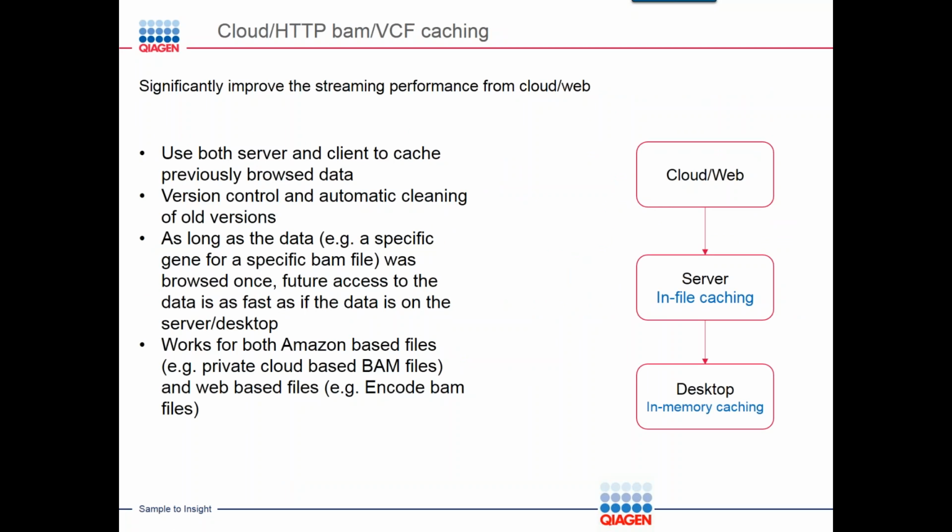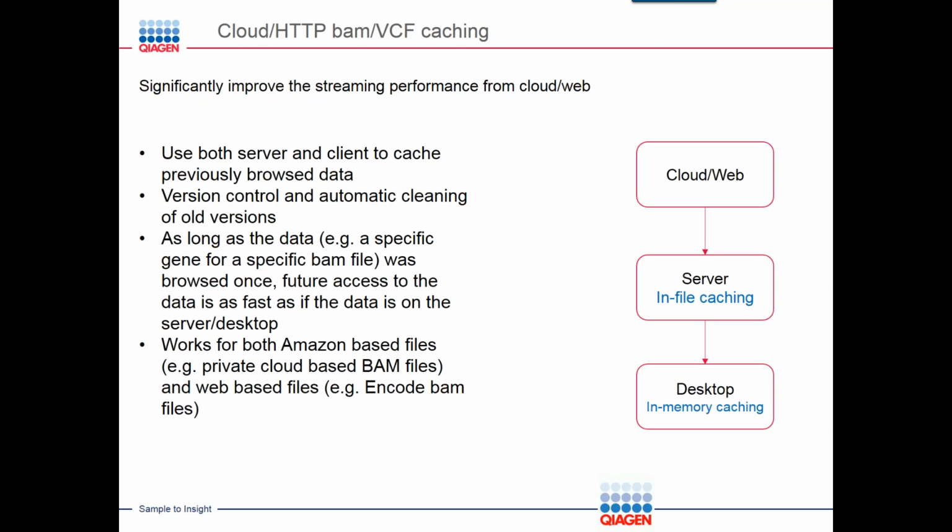Another feature that I would talk about, because if the support doesn't talk about it, the user doesn't even realize that there is a technology behind this to make this improvement. So basically, we are seeing a lot of users start to stream BAM files and VCF files from public resources.